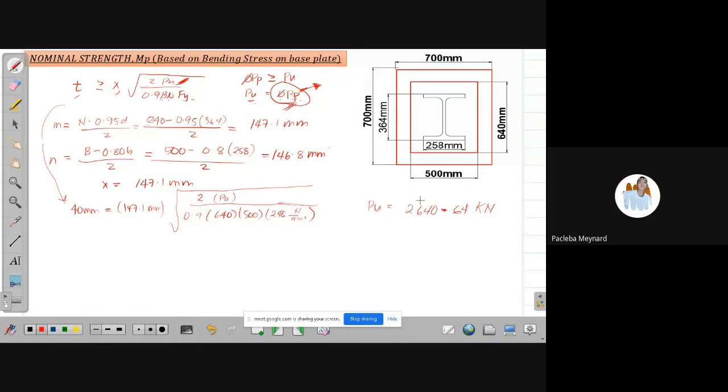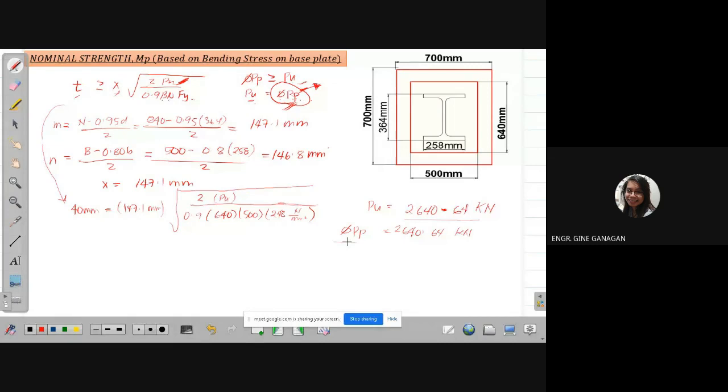Feeling ko pinag-convert na niya na yung kilo Newton. So, yung ating CPP, sabi natin, is greater than or equal to PU. So, ang nasolve natin is the PU, di ba? Yung PPP natin is equal to this value. Kasi greater than or equal to, sabi niya, PU.